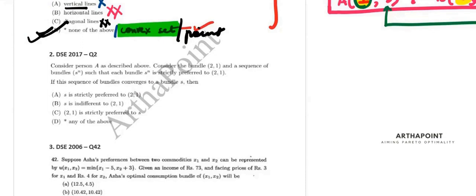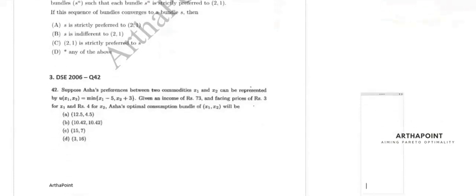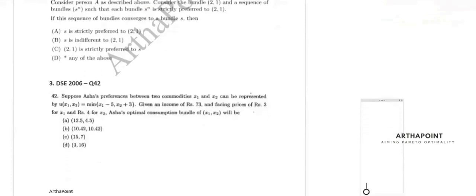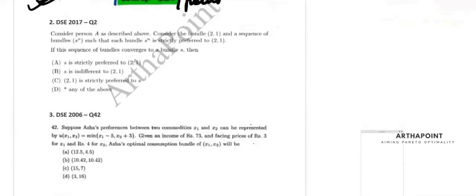Okay, let's go ahead and check this out. It says consider the bundle (2, 1) and a sequence of bundles Sn such that each bundle is strictly preferred to (2, 1). So ideally what is happening is, let's say that I have this bundle (2, 1).